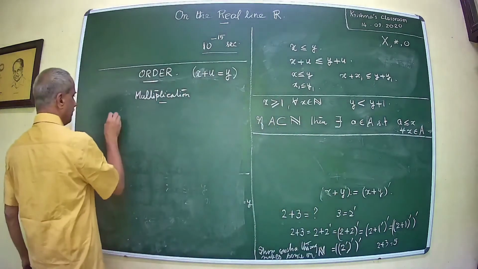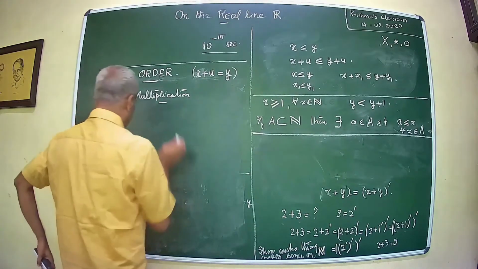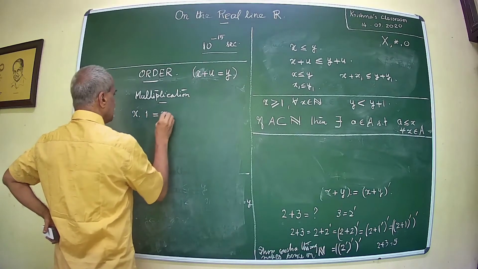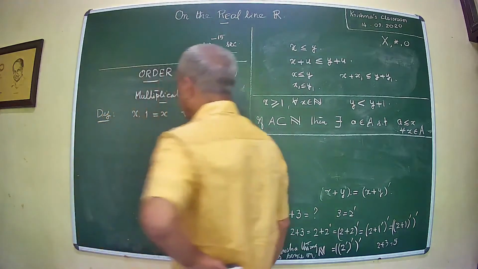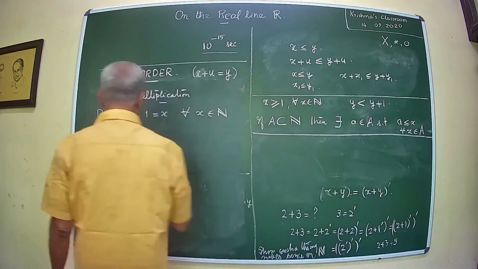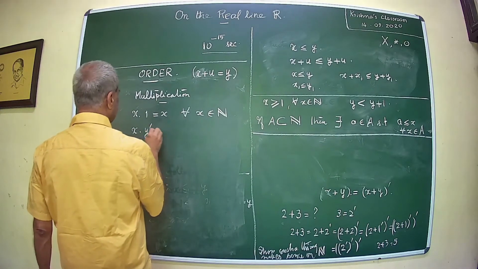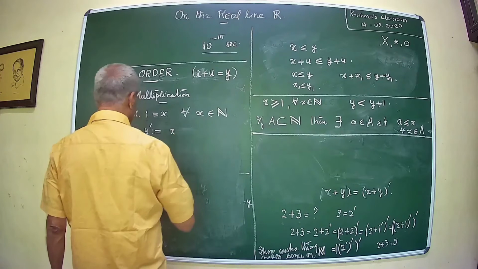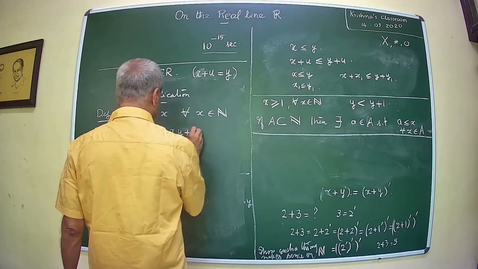The first thing that you observe is that we postulate x into 1 is equal to x. And then we write x into y prime is defined as x into y plus x.